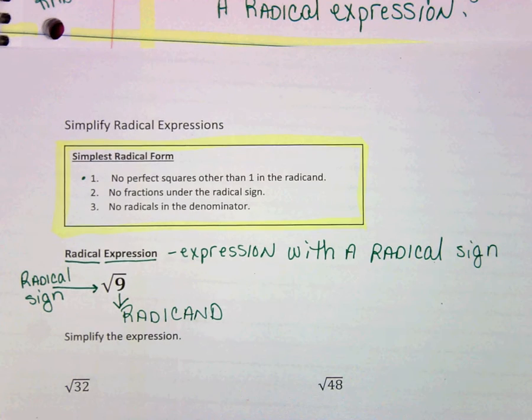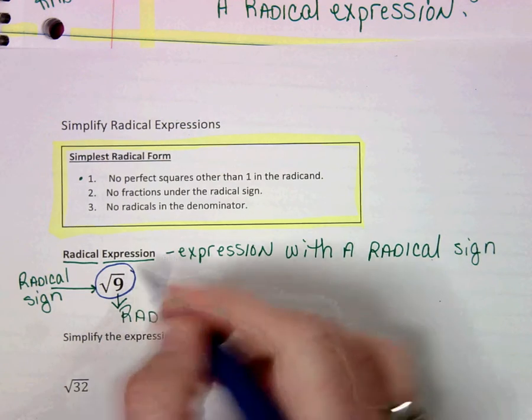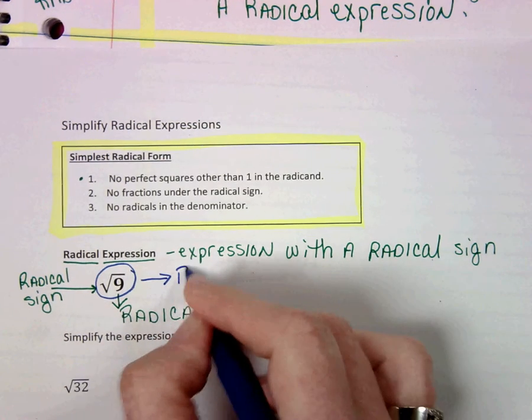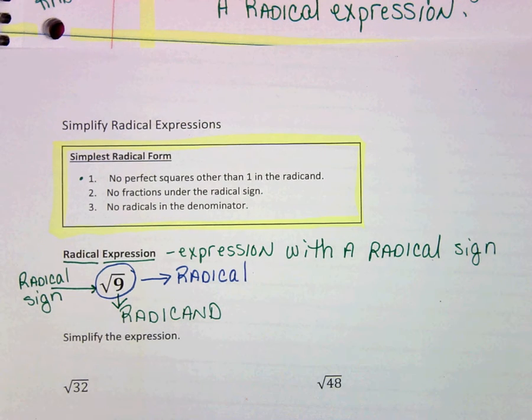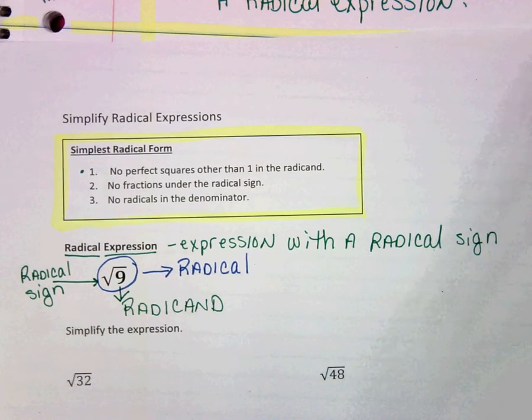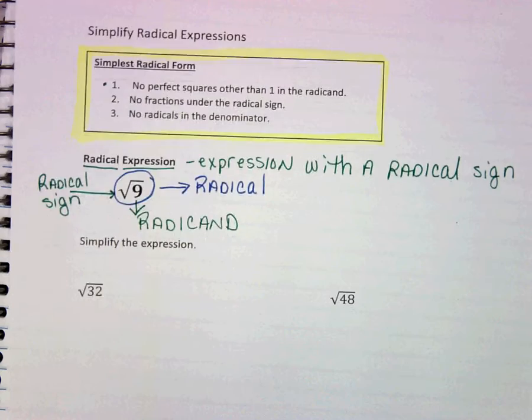A radicand is the number underneath the radical sign. And this whole thing makes up a radical. Pretty cool, huh? Radical. I hope we all know, too, that the square root of 9 is 3, because 3 times 3 is 9. So remember, we're looking for pairs of numbers, perfect squares, pairs of variables, and so forth.